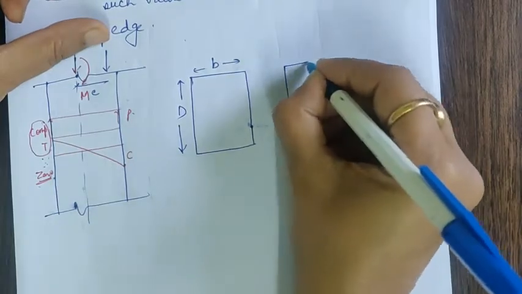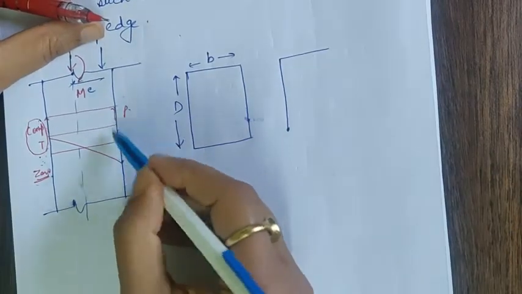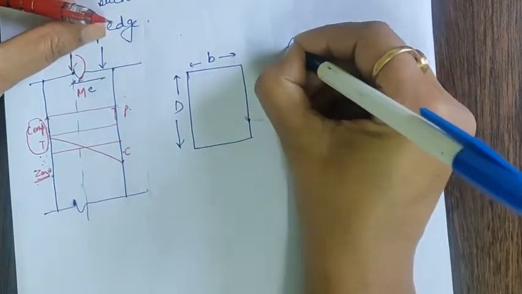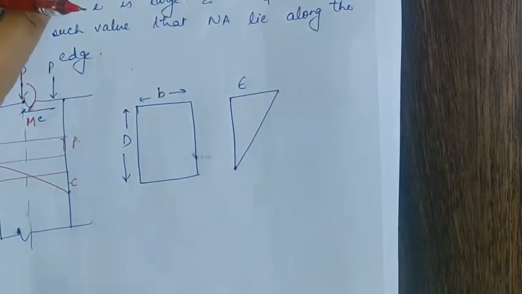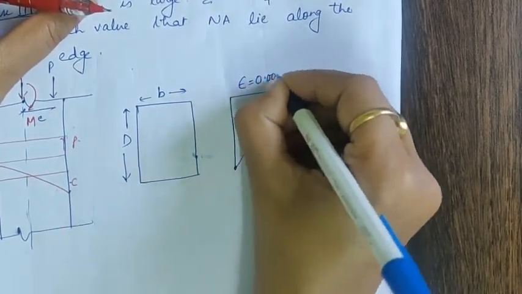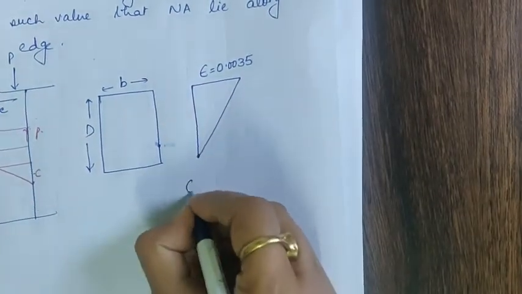The net strain on this particular side will be compressive, they will add up, so the net strain on this side is some epsilon. And the code says in such a case the maximum strain can be 0.0035. So this is the strain distribution.